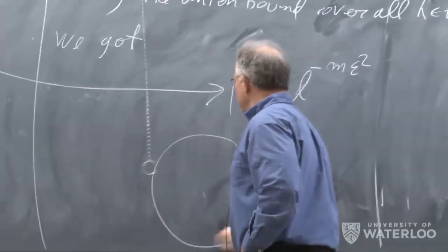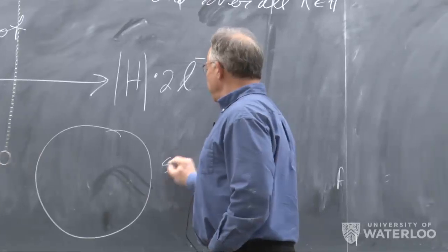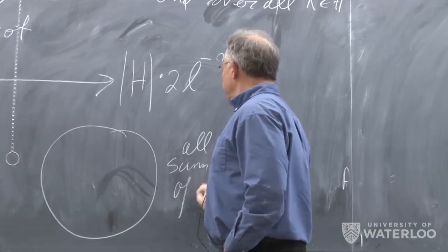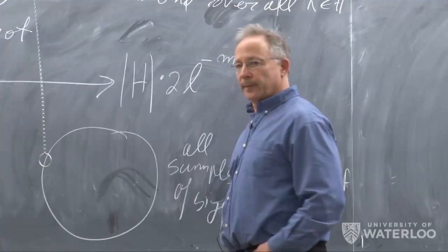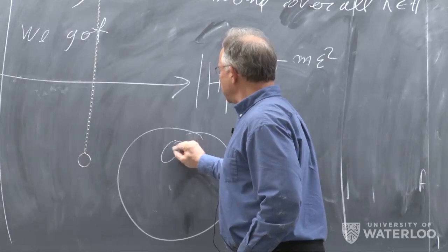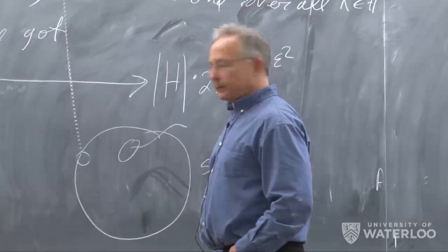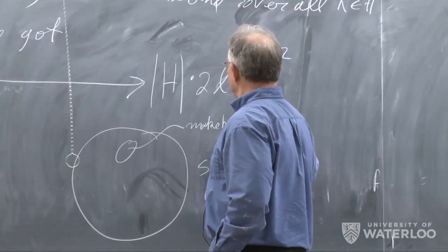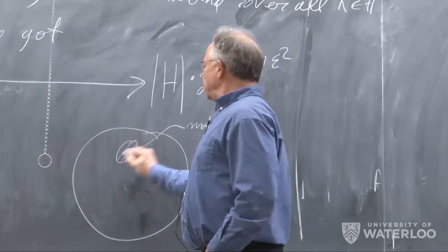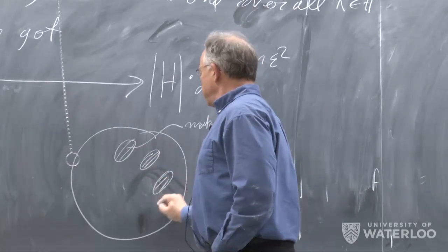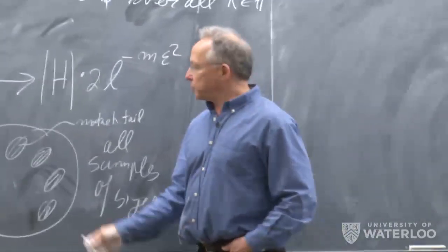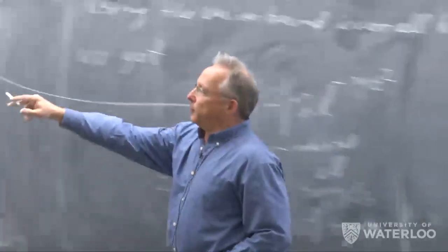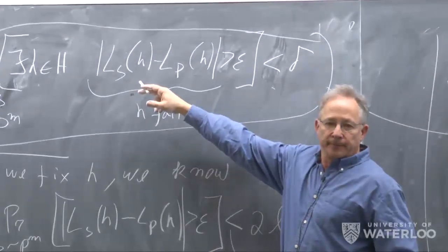Remember, we had this drawing. This was the set of all samples of size m. And if I picked this particular H, was the probability, the samples that make H fail. And I had to take it for every H, the samples that make H fail, to make sure that I throw away all the samples for which there exists an H that fails.